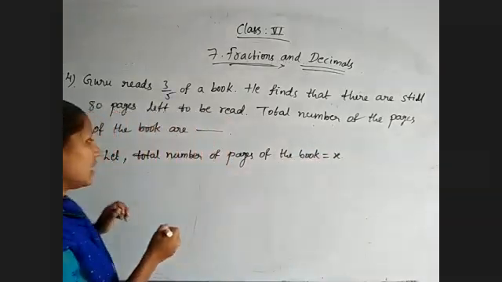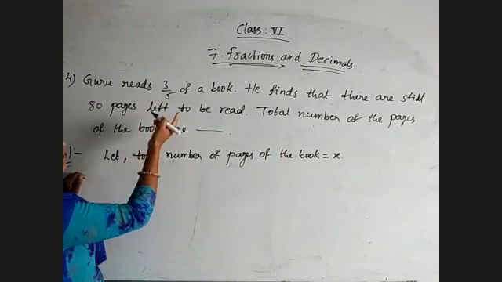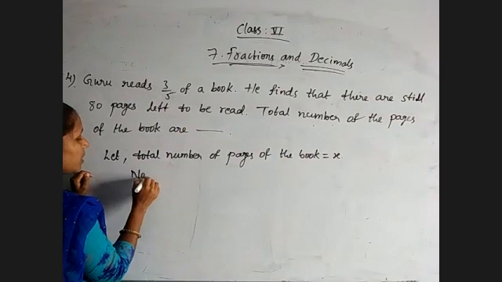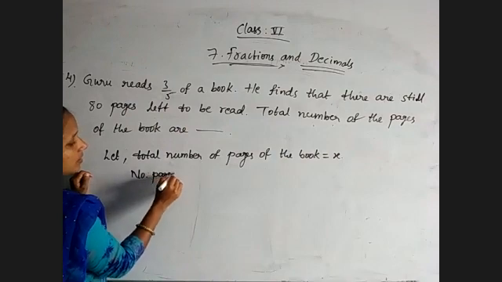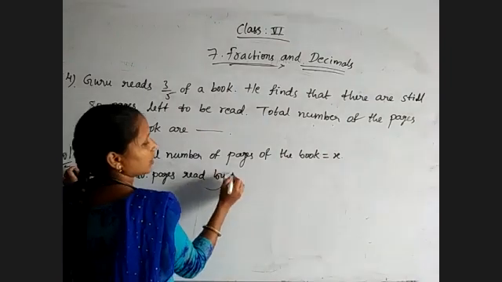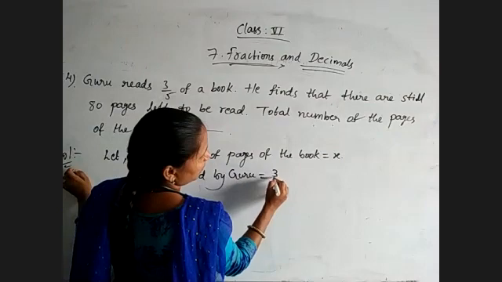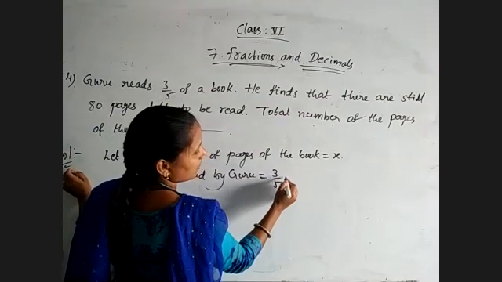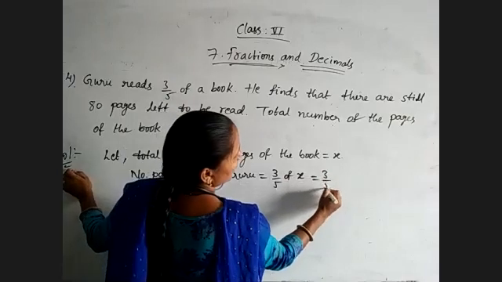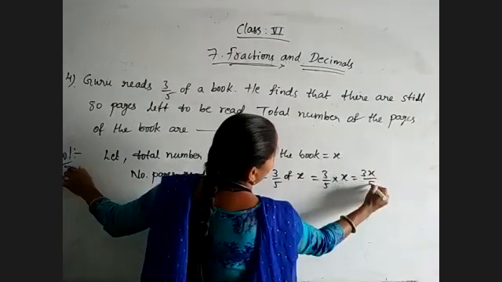Okay. Then what will come? It is given that Guru reads 3/5 of the book, which means the number of pages read by Guru is equal to 3/5 of the total pages of the book, that is 3/5 of x. That is nothing but 3/5 into x, which is equal to 3x by 5.